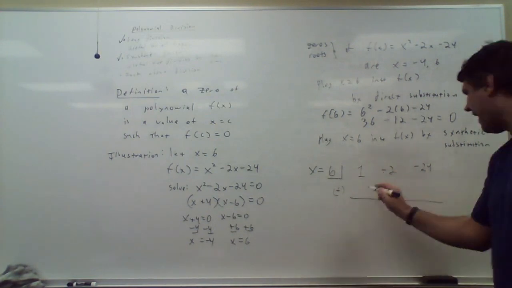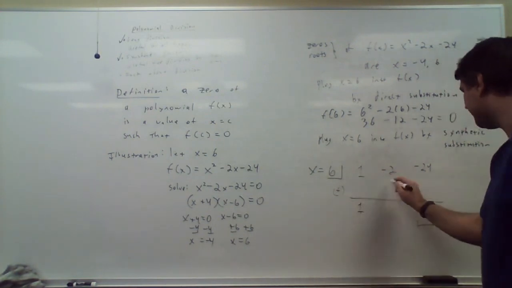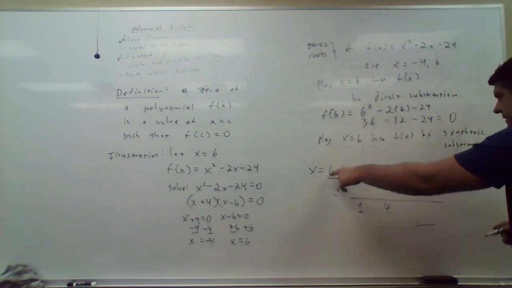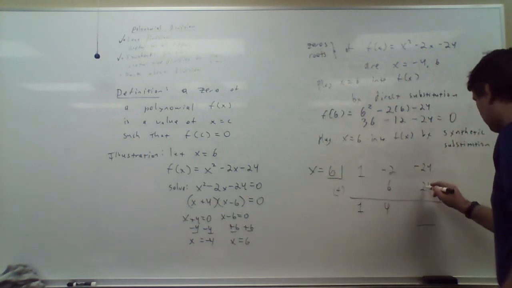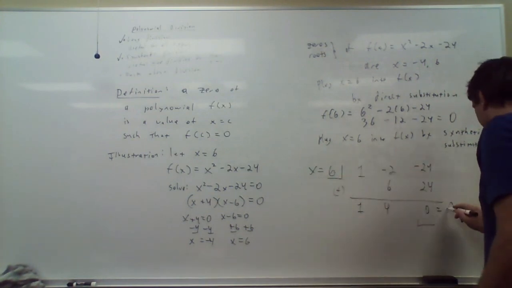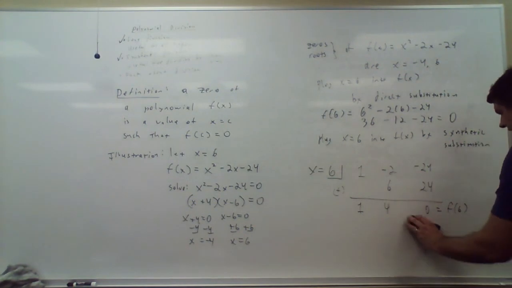Okay, so we have 1. 1 times 6 is 6, that's 4. 6 times 4 is 24. That's 0, which is f of 6.